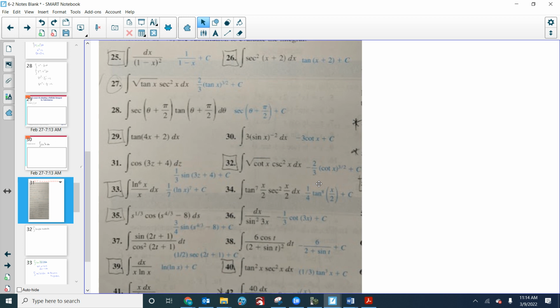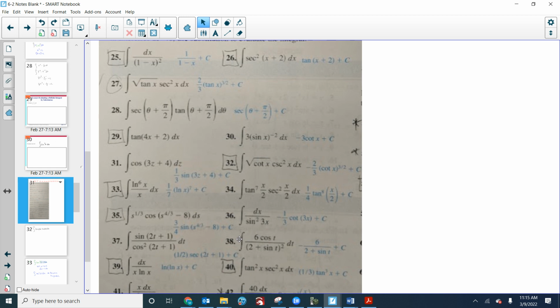What was after 33? So I'll have to scroll back up. 35. Negative 3/4. No, positive 3/4 sine of s to the 4/3 minus 8 plus c. What was after 35? 39. ln of x plus c. Cool.